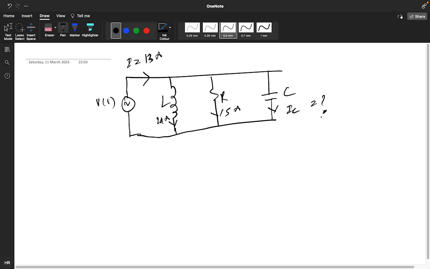Guys, solve it. You have 2 minutes. This is just a simple KCL. So what will be the current IC?